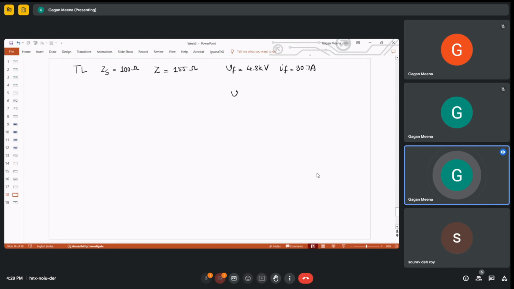So we want to know the voltage at the end of the line, the voltage transmitted, which is V forward plus V backward. This is the information given to us. How can we do that?